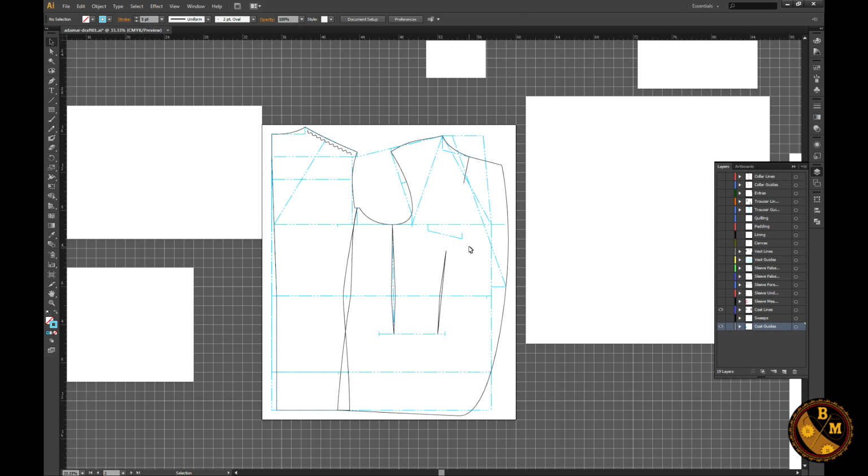If you're a woman, you have your bust size, and then there's still a different one, which would be the depth of the bust, and the depth of the armhole could be different. It could also be different on a man as well, depending on the cut of the coat that's being made. Okay, they can be independent of each other. In this particular coat, they're one and the same.